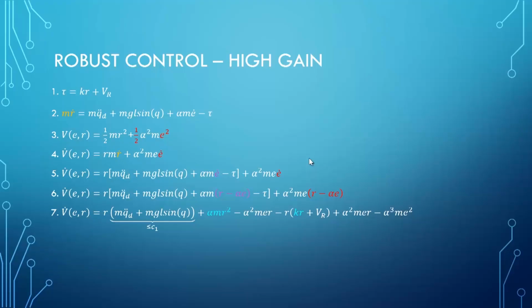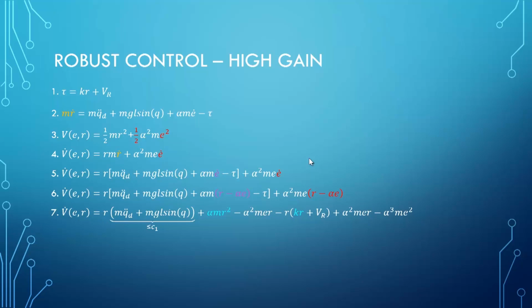And maybe you need to choose some gains, K, for example K greater than alpha M, because here's a negative term, here's a positive term. The gains have some conditions to be satisfied to guarantee stability, right?